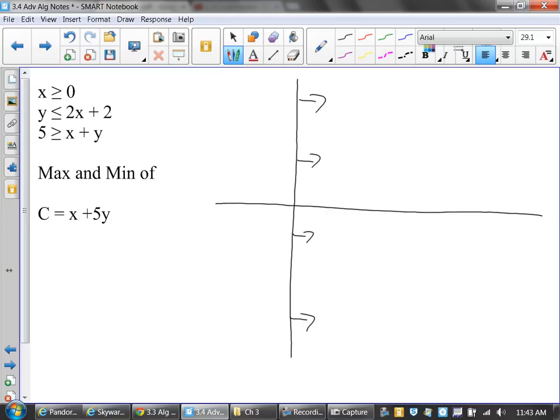From there, I start working on my intercepts. I know my y-intercept for the second inequality is at 2. My x-intercept is at -1. So I don't care about that side until I get here, and I'm going this way. Did that go through the origin? Is 0 smaller than 2? So it is shading this direction.